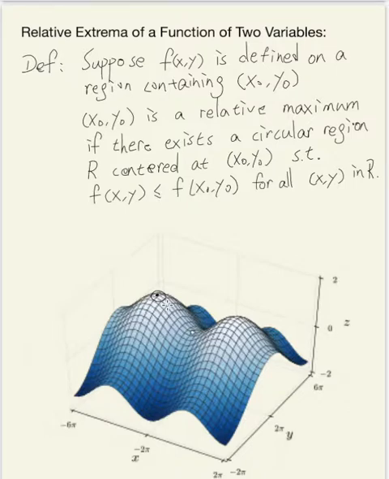So it tells you it's a local property. A function can have multiple relative maximums. For example, in this graph, these 2 points are both relative maximums.